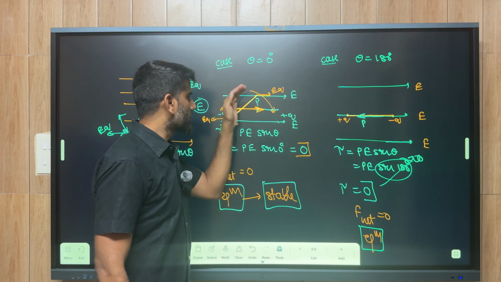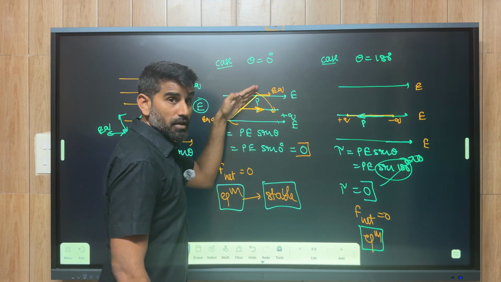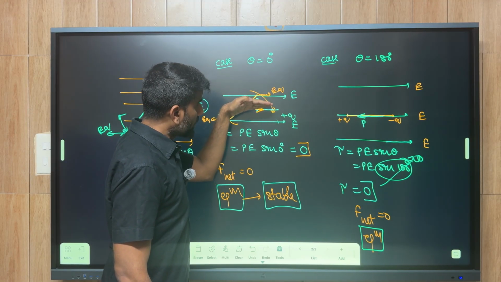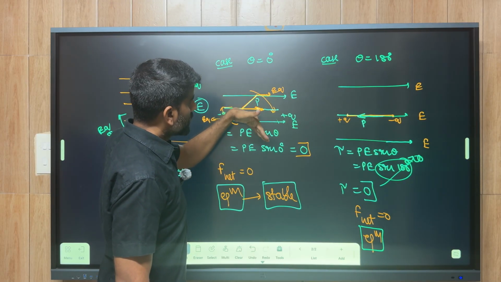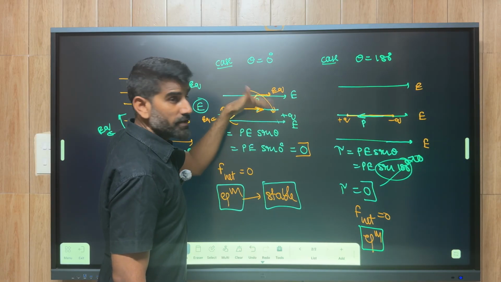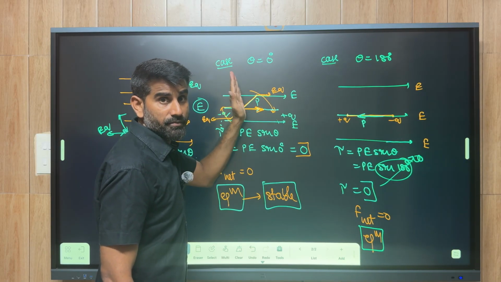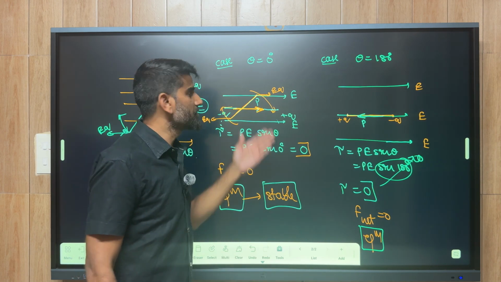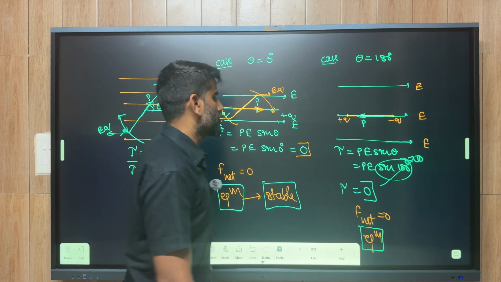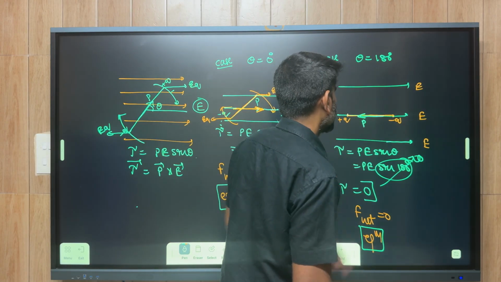That means the torque is trying to bring this dipole to align in the direction of the field. Due to gain in velocity, it will move like this. It will oscillate, right? That means SHM, it is a stable equilibrium because it is trying to come to its equilibrium position. Now coming to this one.